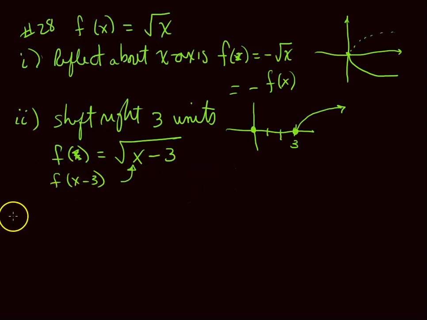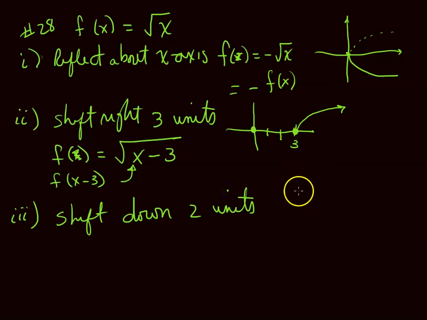So, they want to shift down 2 units. Well, let's see. If we shift down 2 units, instead of it being here, it'll be down here. That's a vertical shift. We need to take our square root and move it down 2.